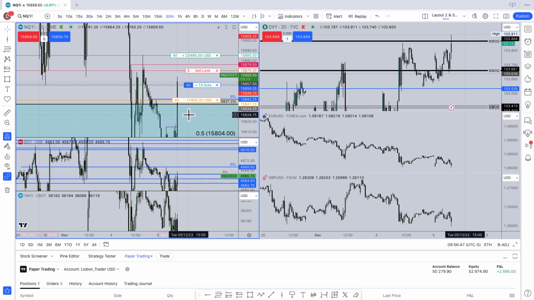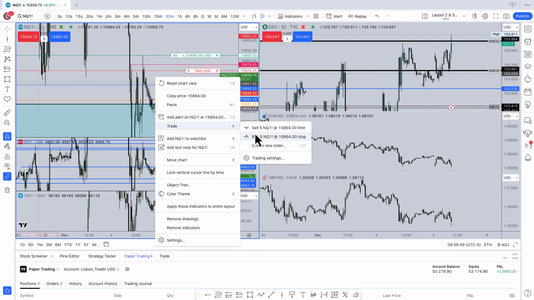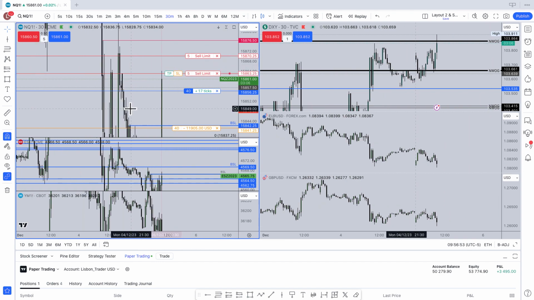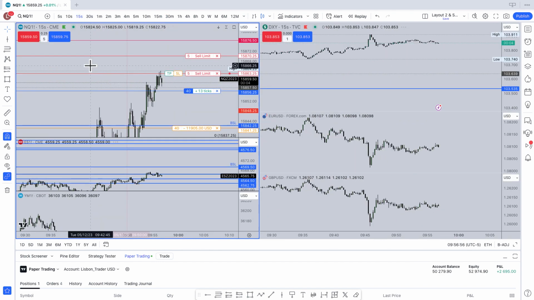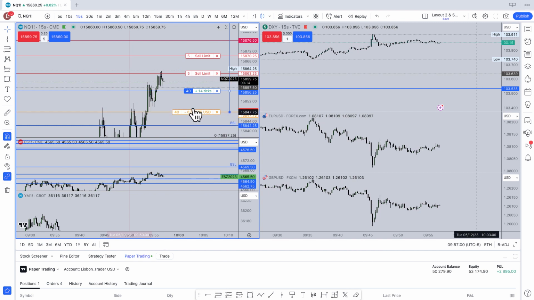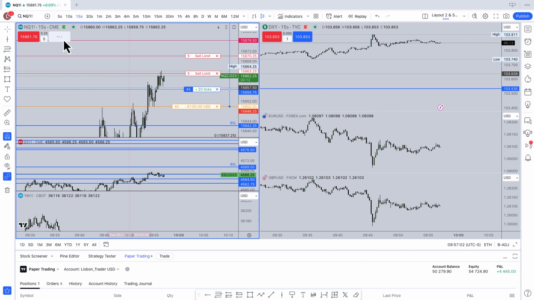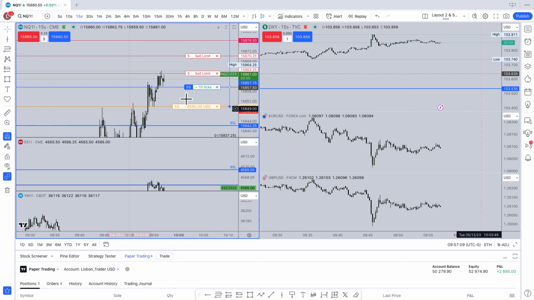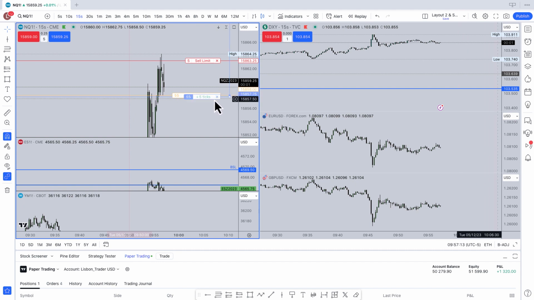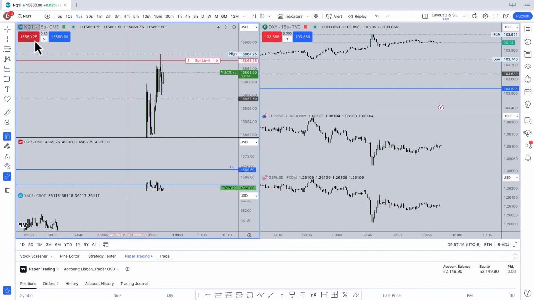Keep on stacking some sells still above this level. This is turning, might be turning, so let's drop, selling.